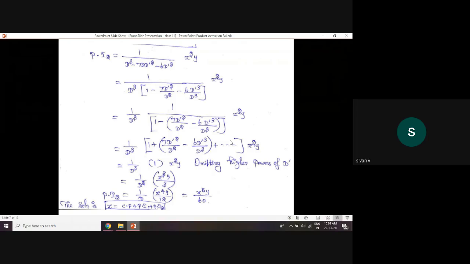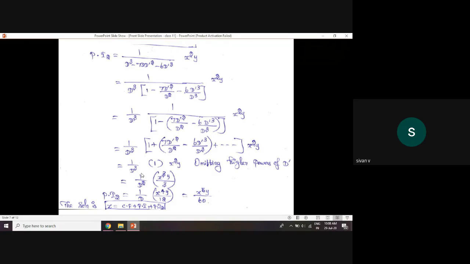Next term, D dash square: how many times do you have to take the derivative? 2 times. Yes, 0. Automatically the second term is 0. All the terms we can neglect; higher powers of D dash we are neglecting. This term also 0 and this term also 0. Therefore 1 by D cube of this term is fully 0. 1 into x square y, therefore x square y. So 1 by D cube of x square y.